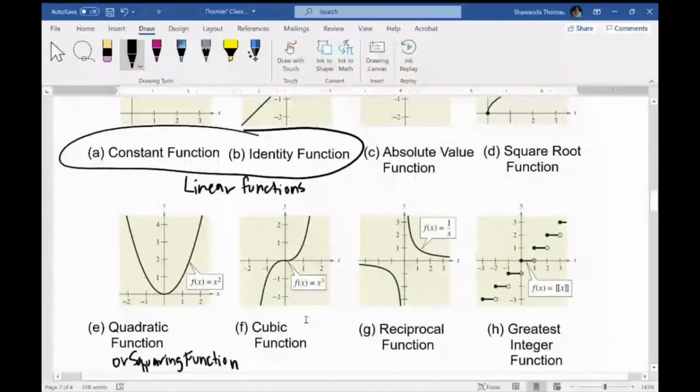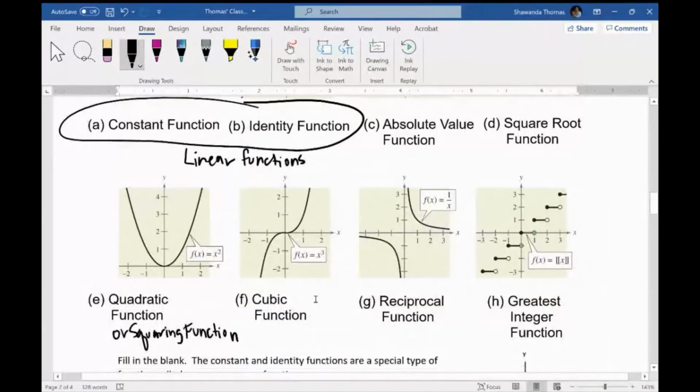Now moving on to cubic function. Degree of 3. How would you describe this one? I call it like a little snake or something. All right. Then we have the reciprocal function. We're not going to do a lot of reciprocal function.